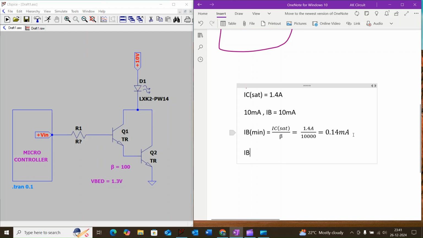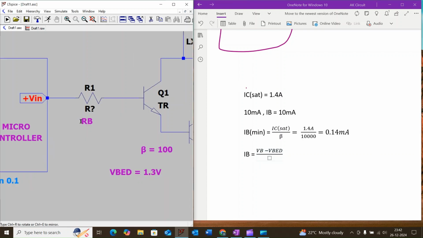The base current IB is equal to the base voltage VB minus the voltage drop between base and emitter in the Darlington pair, V base to emitter of the Darlington pair, divided by the base resistance, which we can call RB.